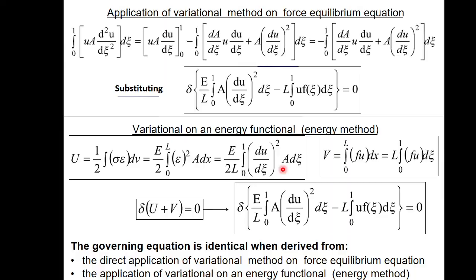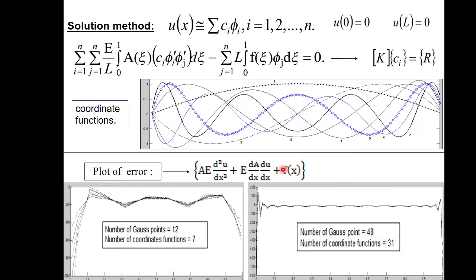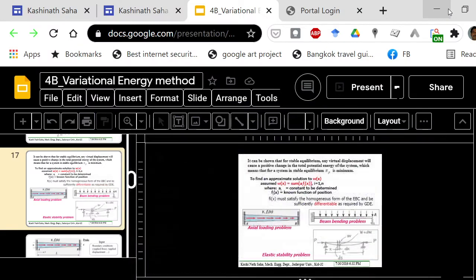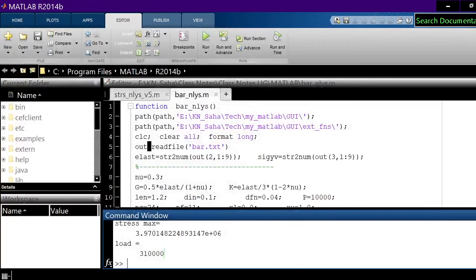Now the thing is how to implement this in MATLAB. So let us see this in our MATLAB code. Okay, so this is the bar problem. Our previous example was on stress analysis, then we had a strain analysis also.